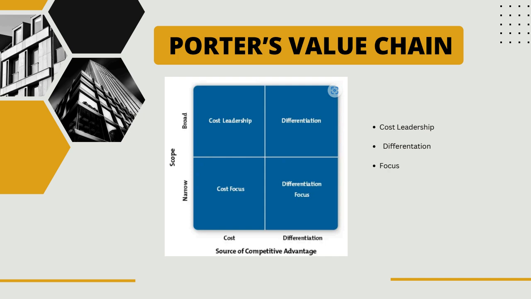And it can be combined with various scopes, which the activity seeks to achieve. And the focus has two variants, which is cost leadership, differentiation, as well as focus. So cost leadership, as we start. Basically, an organization sets out to become the lowest cost producer in its industry. And it's depending on the structure of the industry, obviously.